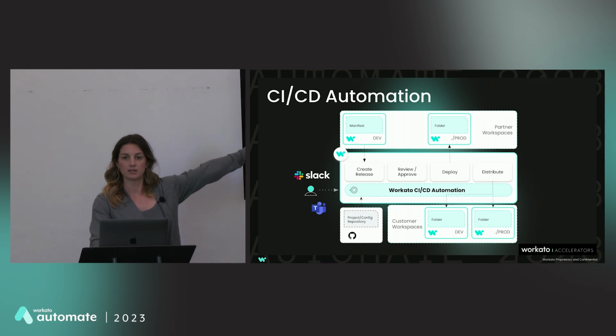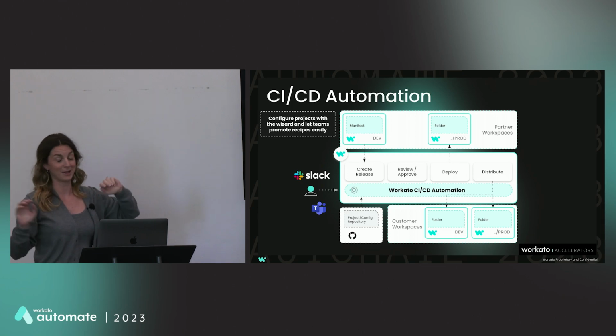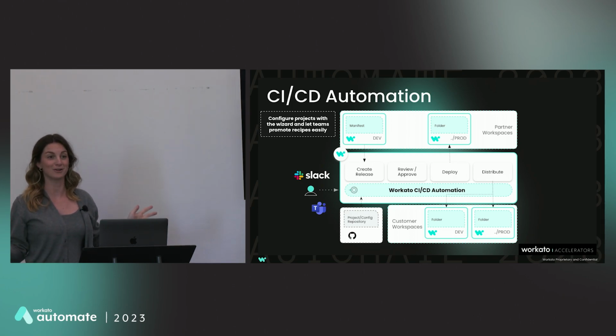A bit of a busy slide, but really at the end of the day, everything is done through a Slack or Teams interface. And what we're going to be able to do through this bundled up, I think there's about 80 recipes in this, 10 lookup tables.